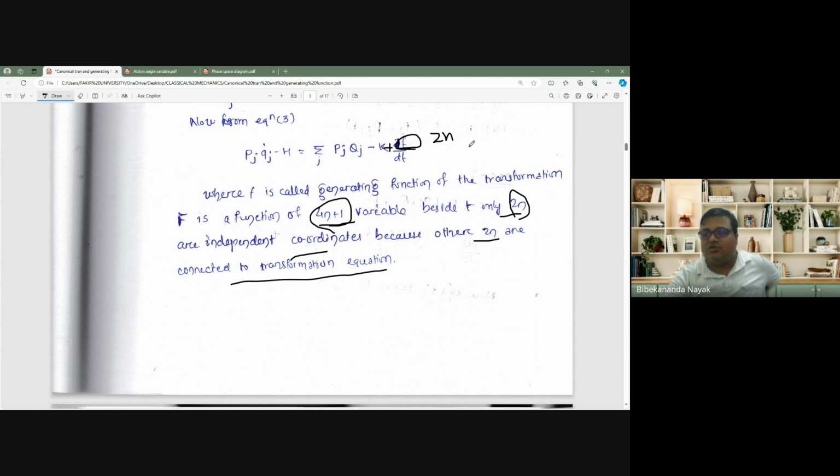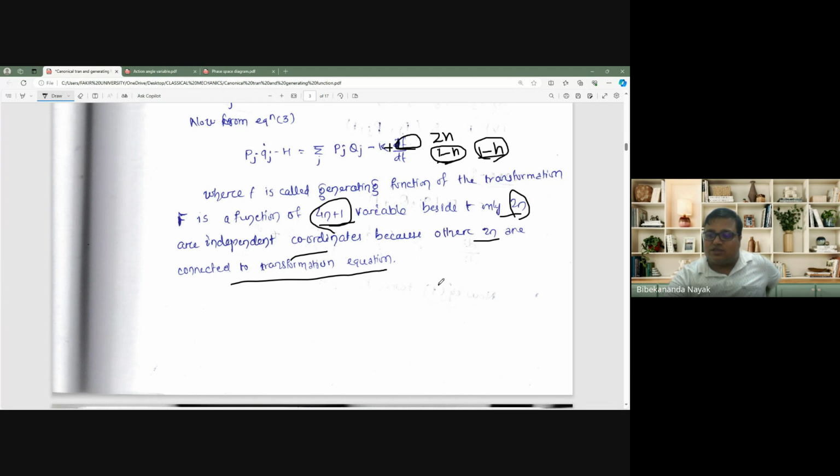For simplicity, we take one index varying from 1 to n, whether it is small q or small p or capital Q or capital P. So when we say f is a function of 2n variables, the first n are from the old coordinates and the second n from the new coordinates.